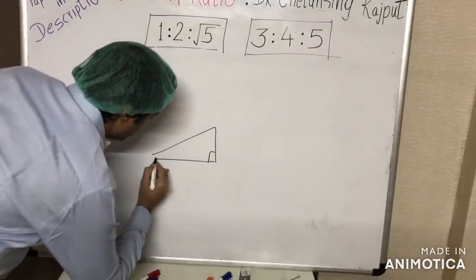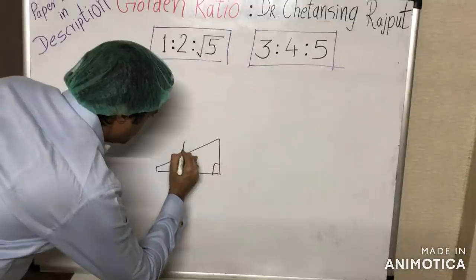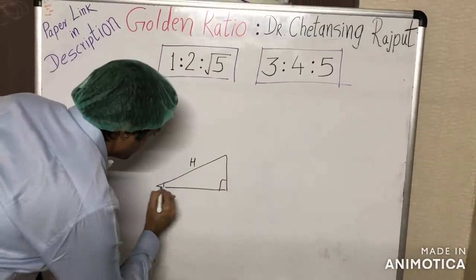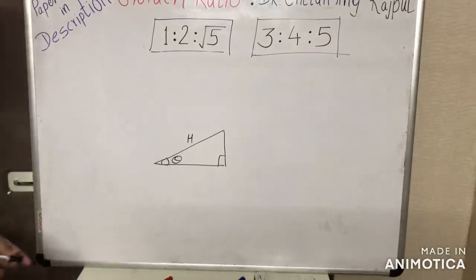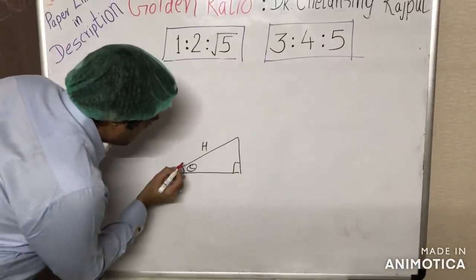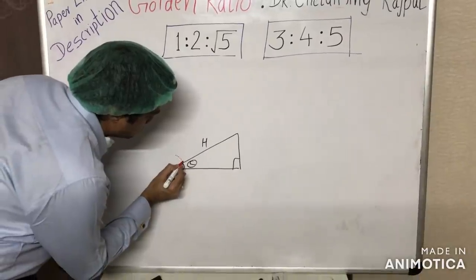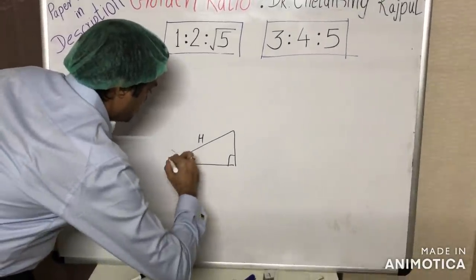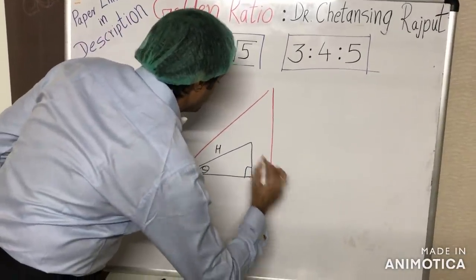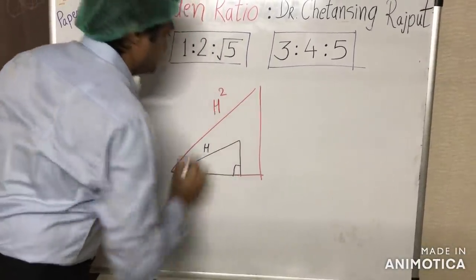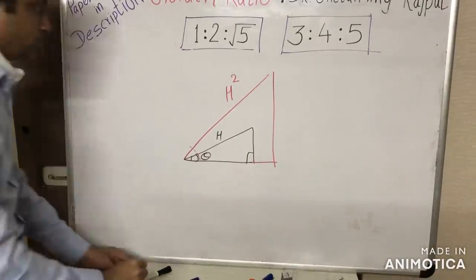This is the right angle, this is the hypotenuse h, and this is the acute angle theta. Now, if we double this angle, the hypotenuse of the new right triangle produced is h squared. Let me explain.